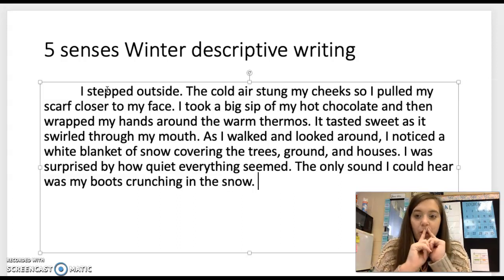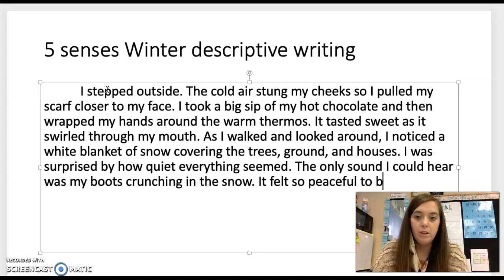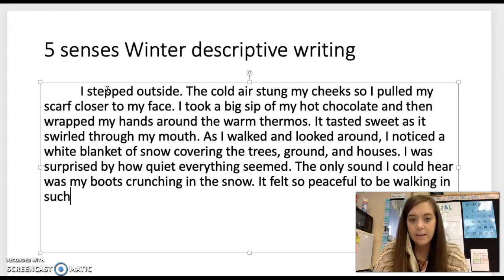Now I need to close my paragraph. So I'm going to say it felt so peaceful to be walking in such a magical place.